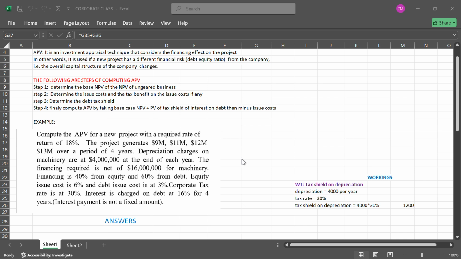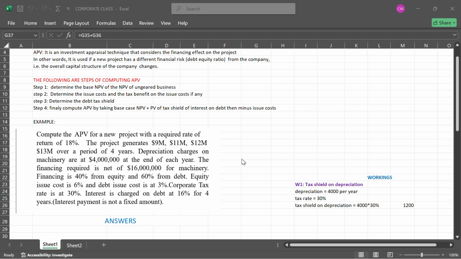The financing required is a net of 16 million US dollars for machinery. So of course, this is the initial cost of the machinery, which is also going to be raised as the net amount needed. Financing is 40% from equity and 60% from debt. Of course, 40% of these 16 million US dollars is from equity, while the remaining 60% will be raised from issue of debt.